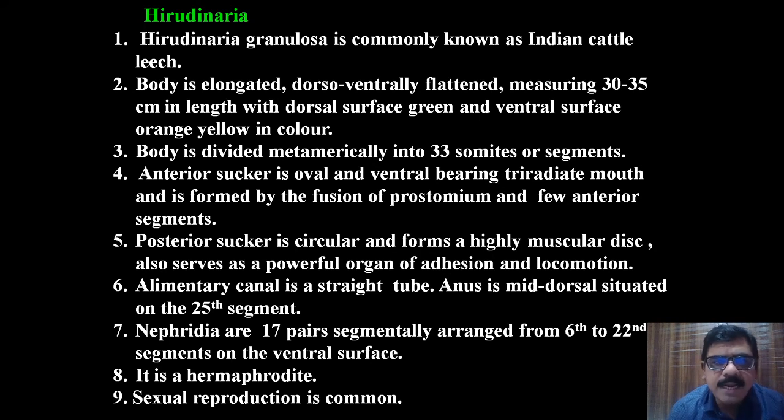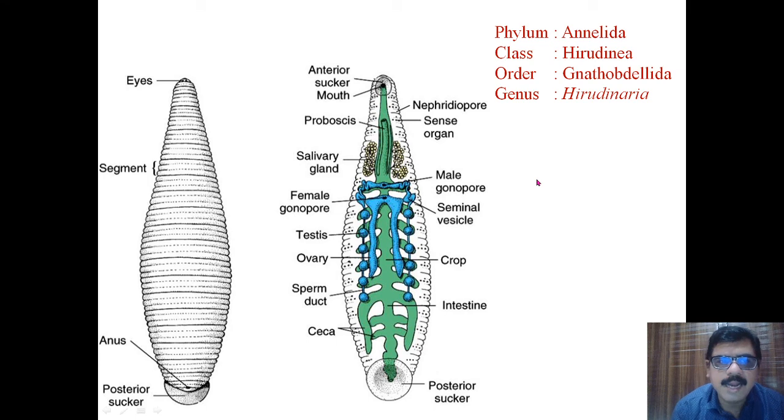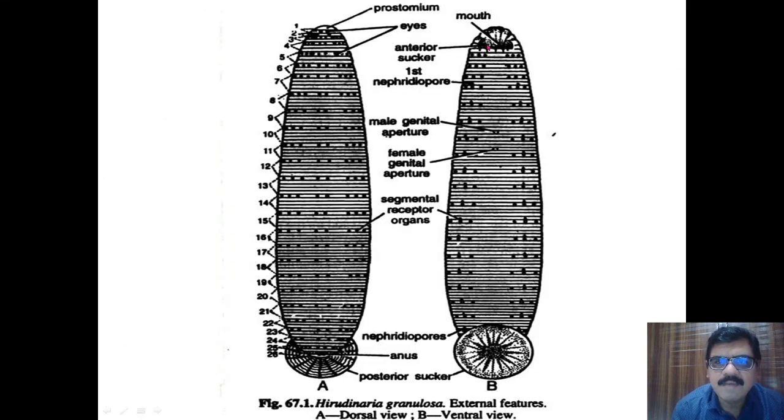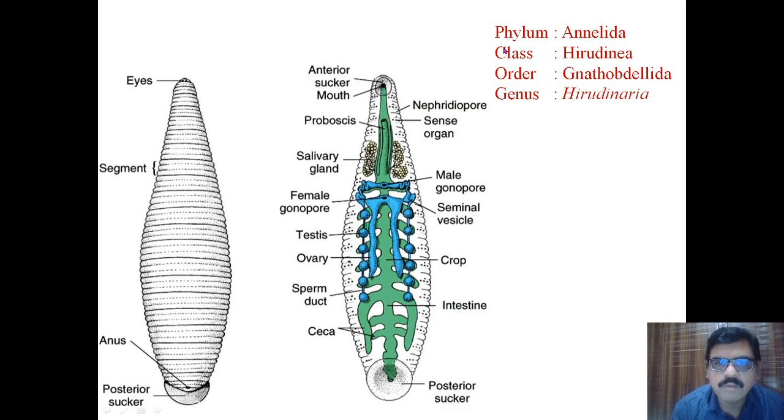Body is metamerically divided into 33 segments or somites. The anterior sucker is oval and ventral, bearing a triradiate mouth.